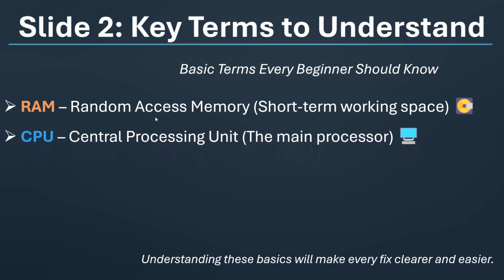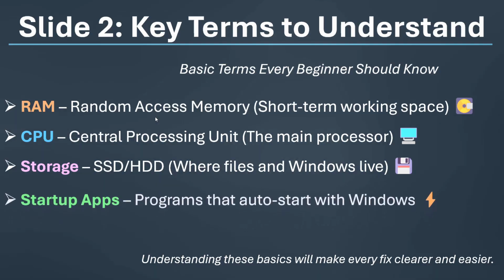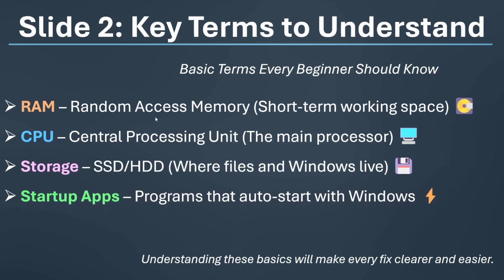Next, storage. It might be SSD or HDD. This is where everything stays. Your files, your programs, your system. Next is startup apps. These are the apps that begin running the moment your computer turns on. Next, background apps.